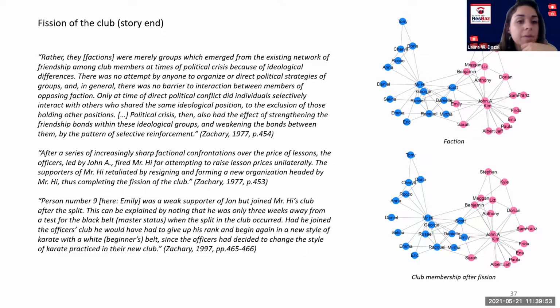This can be explained by noting that he was only 3 weeks away from a test for the black belt master status when the split in the club occurred. Essentially the split was the political crisis of raising the price or not.